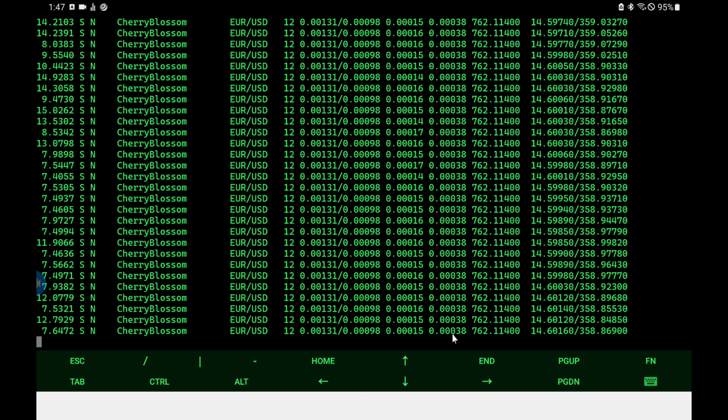Here is the current measured volatility of the market. So I know this market for Euro USD has a volatility rate of 3.8 pips. My current spread is 1.5 pips. My deviation, that is the space between my trades, is 9.8 pips.